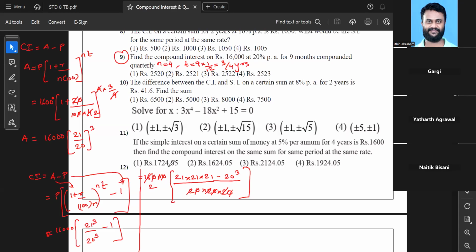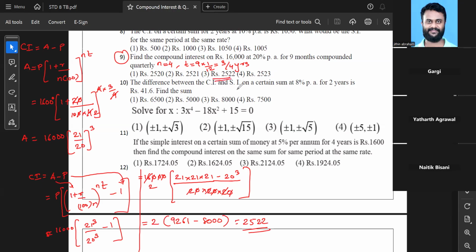Sir, 9261. Very good. So basically it is going to be 2 multiplied by 9261 minus 8,000. That gives you 2 into 1261. That is 2522. So ultimately your answer is 2522.